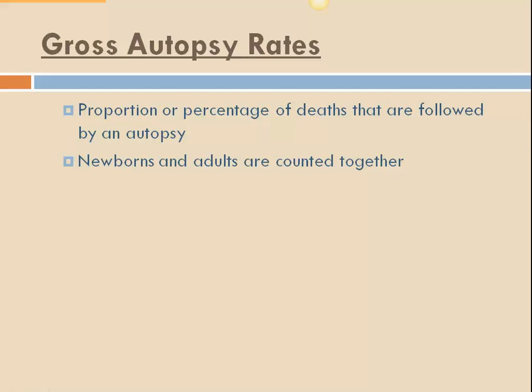Gross autopsy rates are a proportion or percentage of deaths that are then followed by an autopsy. So how many out of all the deaths at a facility are followed up with an autopsy? Again, newborns and adults are counted together.